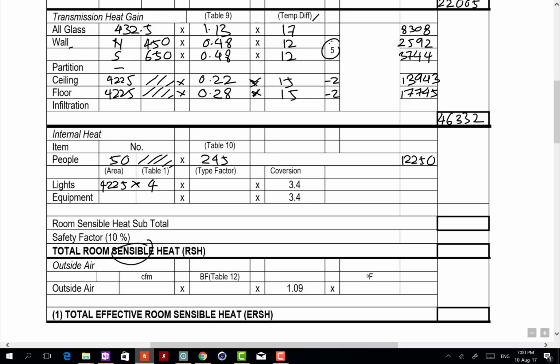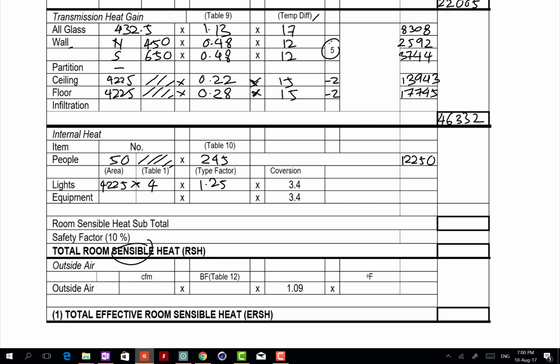Okay, the type factor is 1.25. So this is your total watt, 4225 multiplied with 4, and then we multiply with type factor 1.25 and then multiply with 3.4.